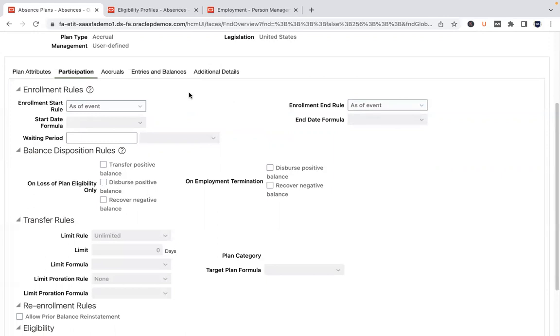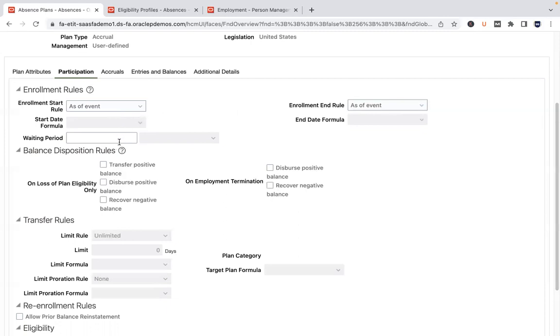As of event could be any event; it could be the calendar year start, or it could be that the employee is hired. Let's say an employee is hired on May 1st. Then as of that event, the employee gets enrolled into the leave plan. So the enrollment start rule and end rule, we typically leave as of event.